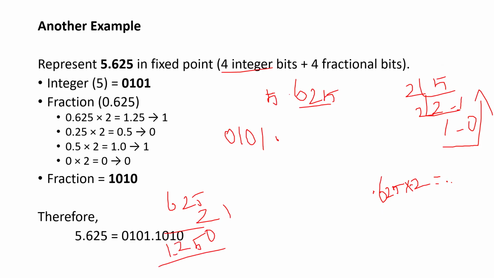The 1 goes in as the fractional bit, and the remaining 0.250 we take again for the calculation. Now this 0.250 we have to multiply by 2. So what will happen?